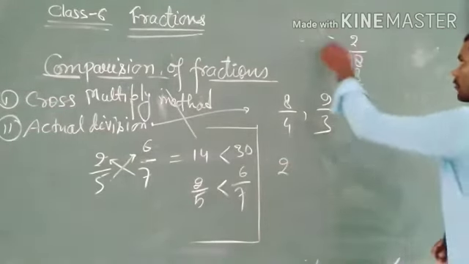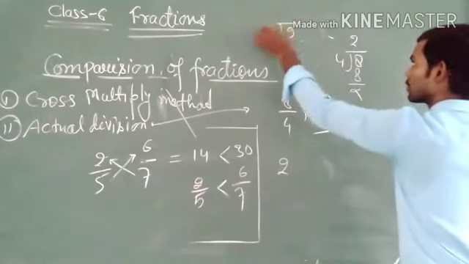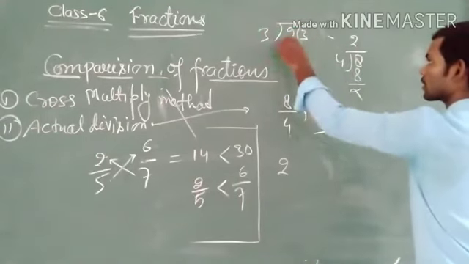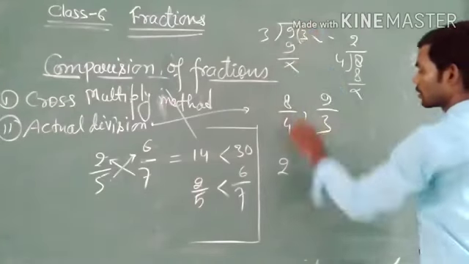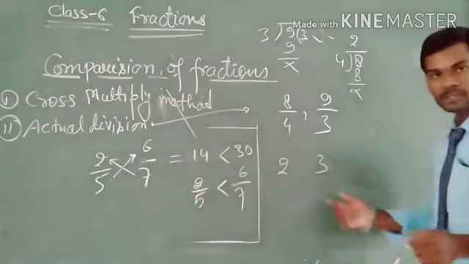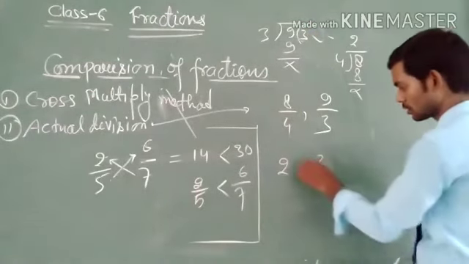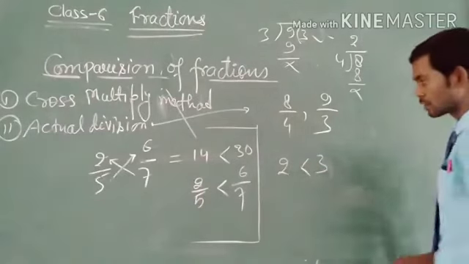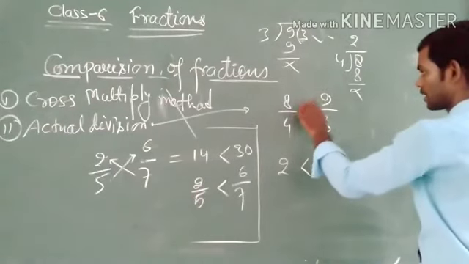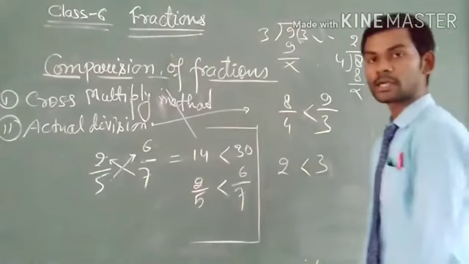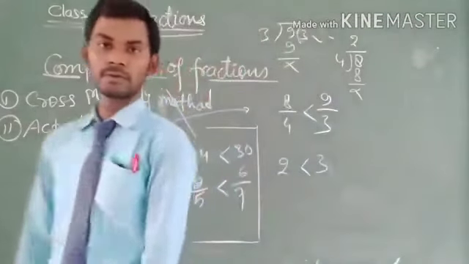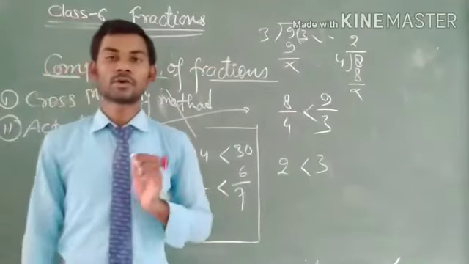And similarly, when we divide 9 by 3, we get 3. Now just tell me, student, which one is greater? 3 is greater. Then what is the meaning? 9 upon 3 is the greater fraction. Okay? I hope it is clear to all.